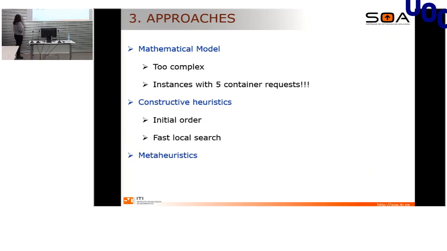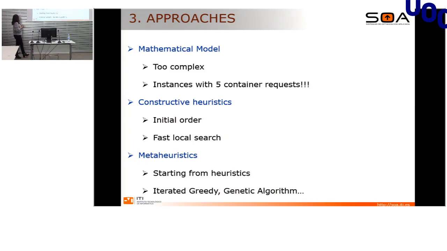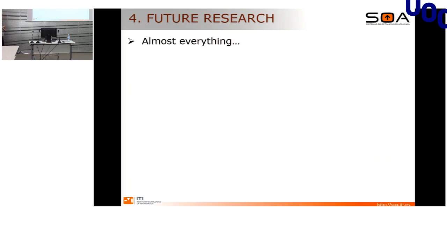And starting from these constructive heuristics, we are going to develop some metaheuristics like iterative greedy or genetic algorithm, and so on. But actually, we are now at this point, constructive heuristics. So the future research is almost everything.